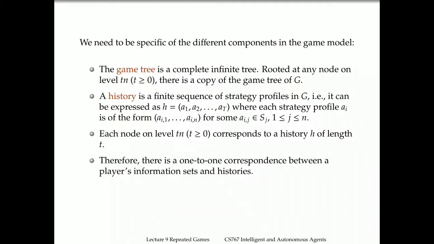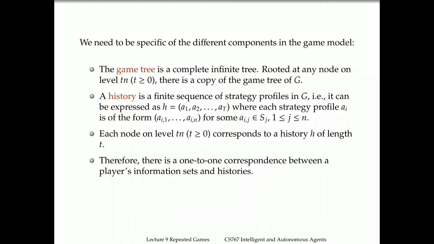So we have AI1 up to AIN. And each node on level Tn will correspond to a history, right? And therefore, from now on, we can just refer to the nodes in the game tree as histories of playing the game, right? Because there's a one-to-one correspondence between nodes and histories.